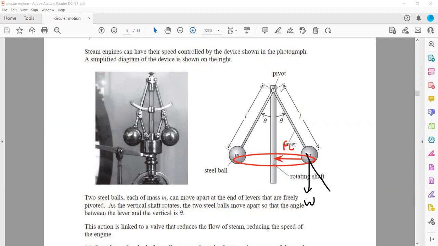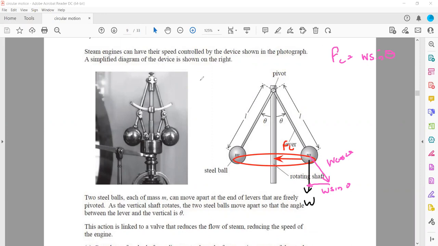So there will be two components of the weight, the one which is with the angle, that is W cos theta, and against the angle will be W sin theta. So the centripetal force is actually equal to W sin theta.